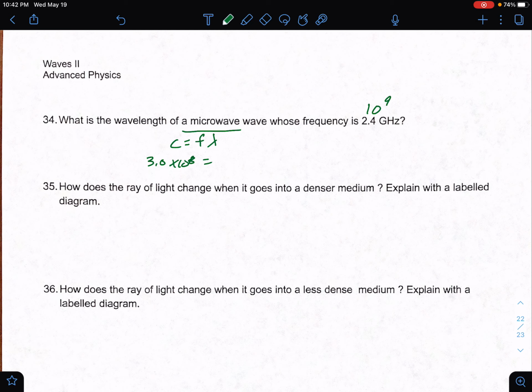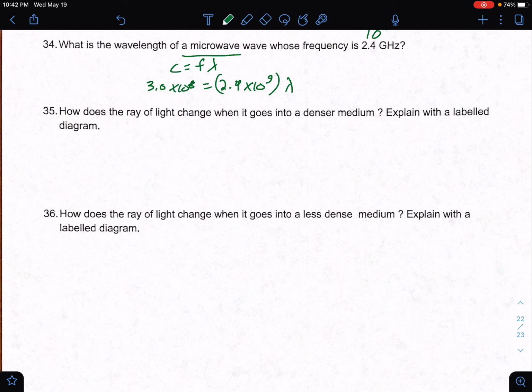The wavelength I don't know, so I leave it like that. I divide both sides by 2.4 times 10 to the 9th. This one I did not have on my paper, and I don't have my calculator with me right now, so just divide both sides by 2.4 times 10 to the 9th, and that would be your answer for that one.